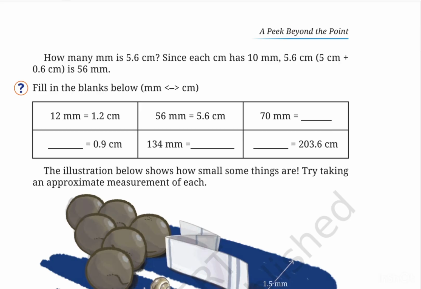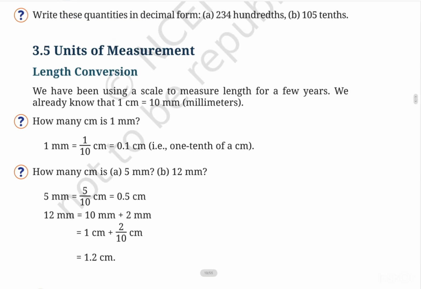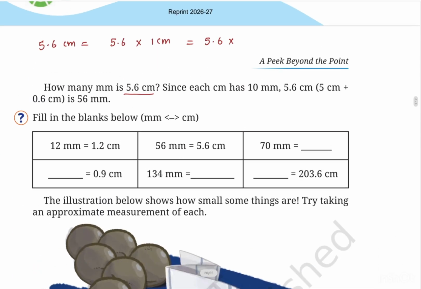Next we have the problem 5.6 centimeter. We have to convert it into millimeters. 5.6 centimeter is equal to 5.6 multiplied by 1 centimeter. We have seen that 1 centimeter is 10 millimeters.